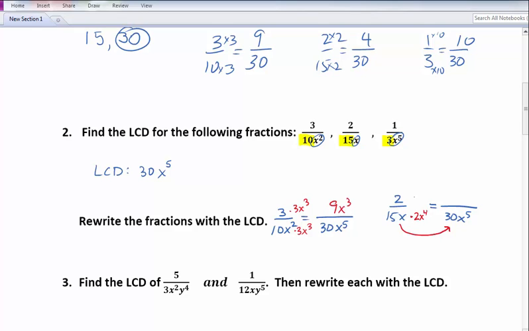And since I'm putting that in the denominator, I also have to put that in the numerator. So this becomes 4x to the fourth over 30x to the fifth. And the last one, 1 over 3x to the fifth, if I want that to become 30x to the fifth, the x is already correct. I just need to put in the 10.